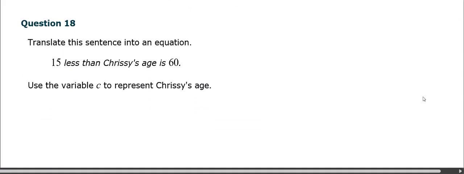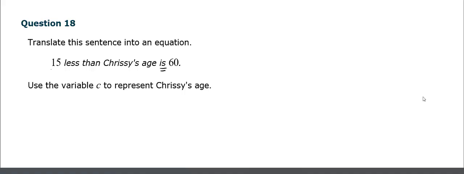Our next problem is just translating this sentence into an equation. 15 less than Chrissy's age is 60. So a key word is usually means you put your equal sign there. Now here's where you need to be careful.